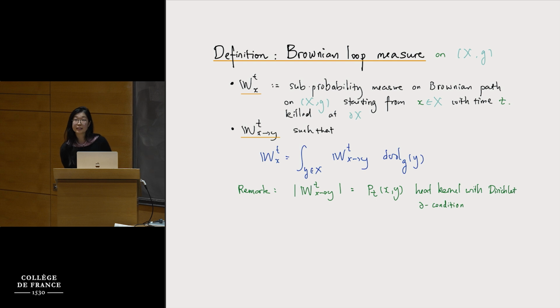And now I define the next measure. This is W_t from x to y, where y is another point on the surface.